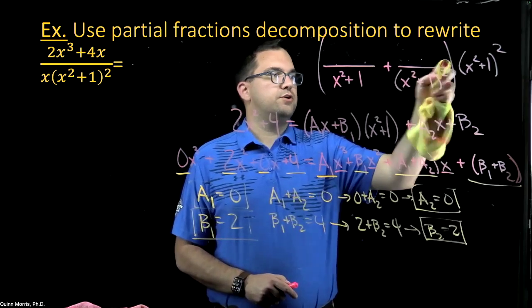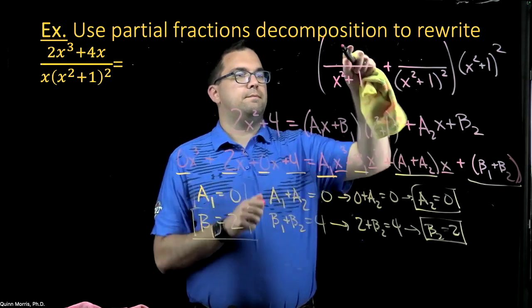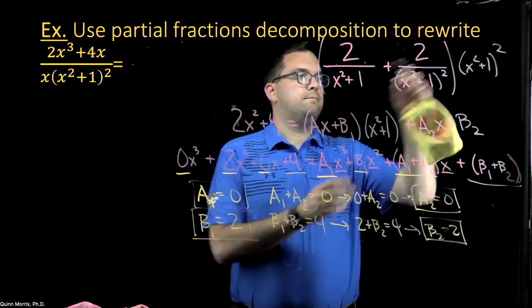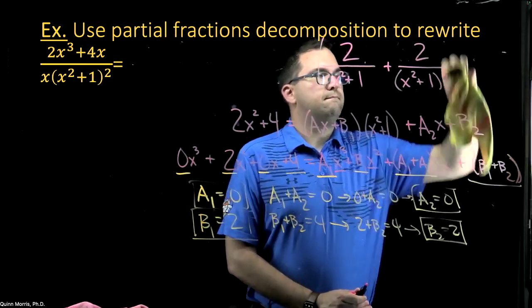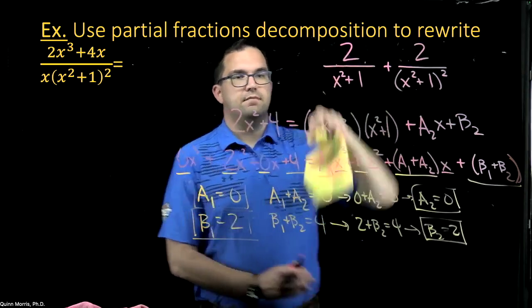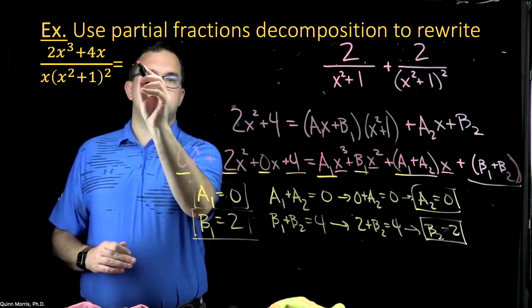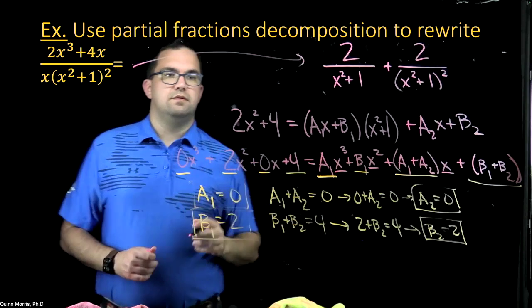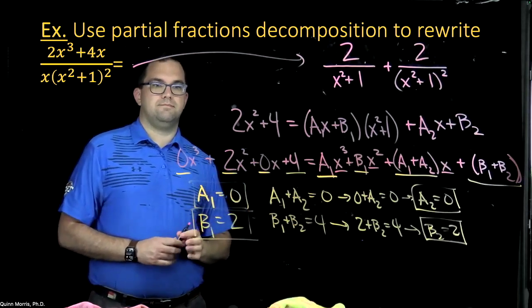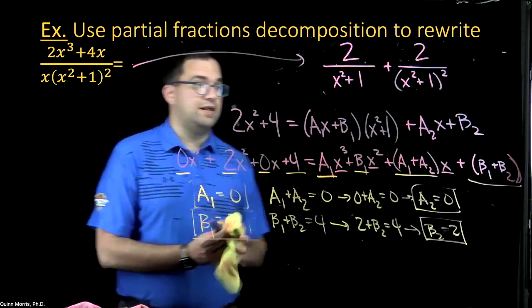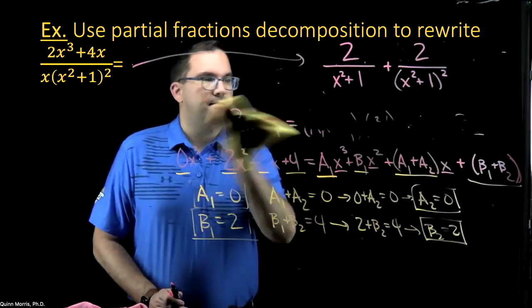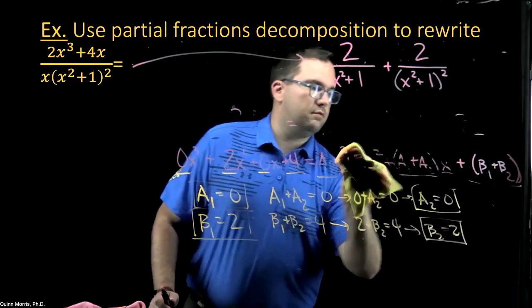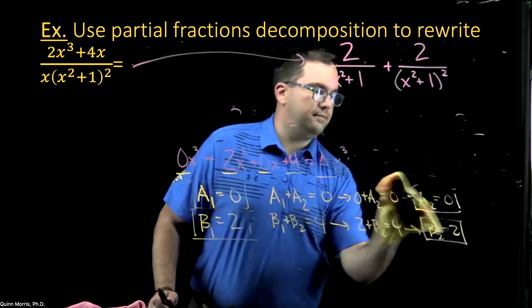So both of my numerators here are going to be 2. And so now what I have is that this expression is actually equal to that expression. So now if I want to integrate, I can just integrate the thing on the right.